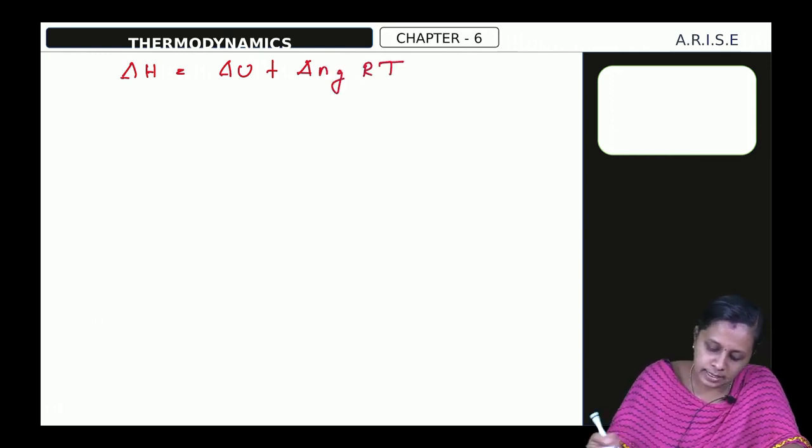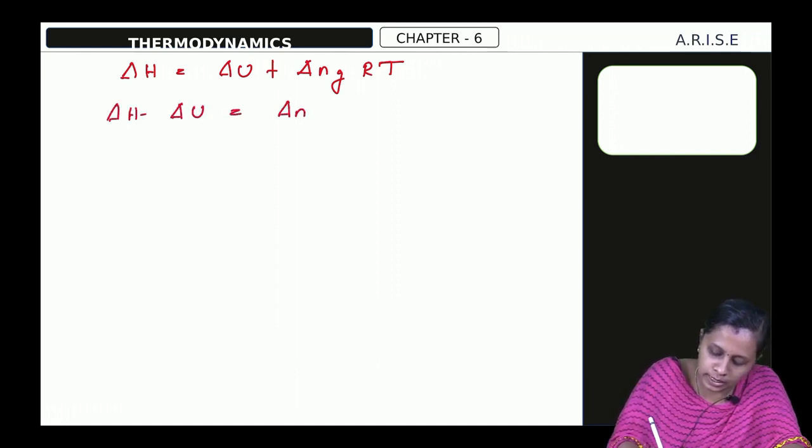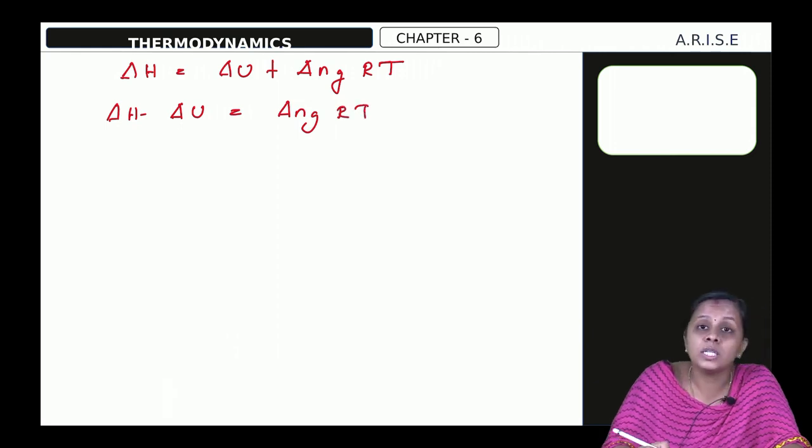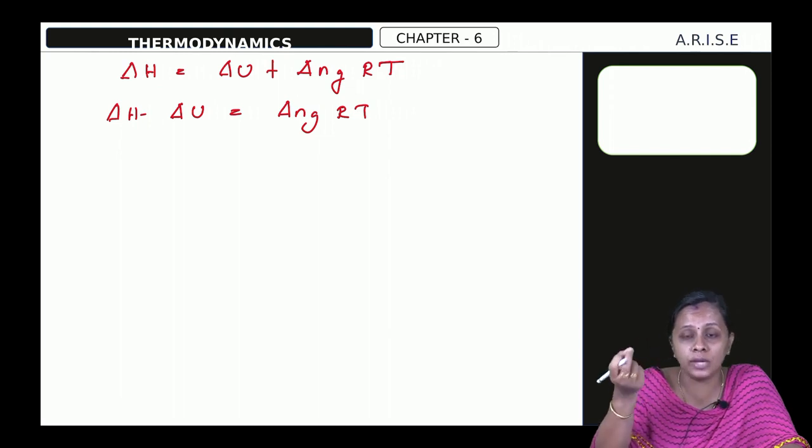So let us consider. They are asked to find out delta H minus delta U, that is equal to delta NgRT. So what is delta Ng? It is the number of moles of gaseous product minus number of moles of gaseous reactant.